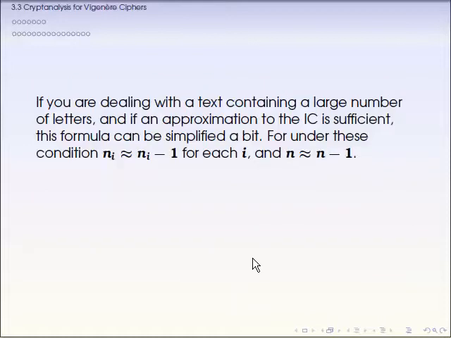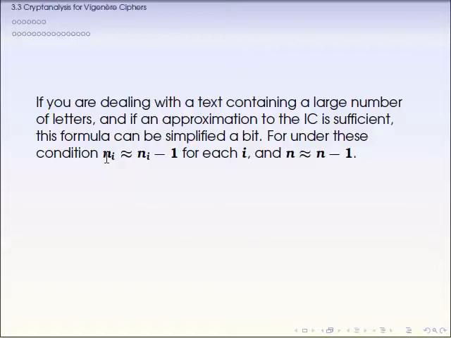And the good thing about this formula is that we just assume our ciphertext is long enough. Of course, in practice, an individual ciphertext may be short, but if you are collecting ciphertext from the enemy, then you can have a long enough whole ciphertext.